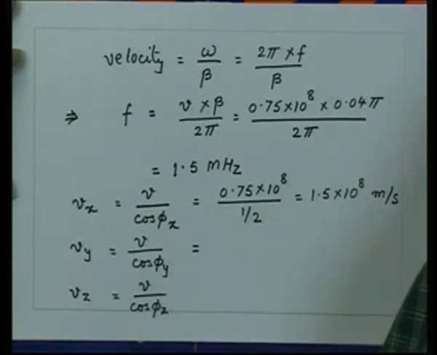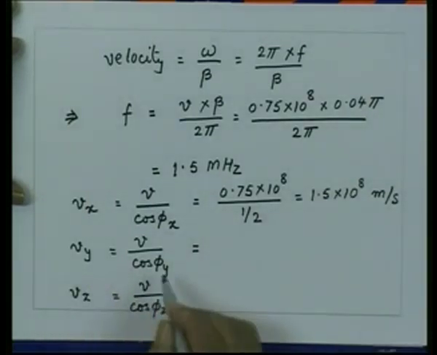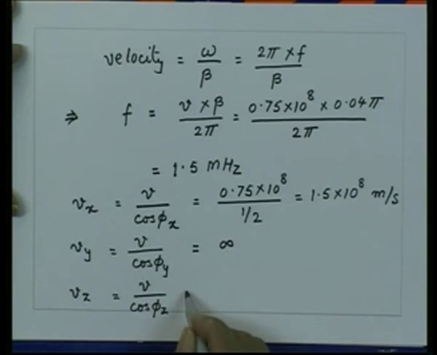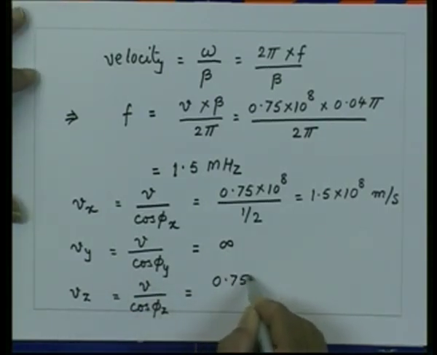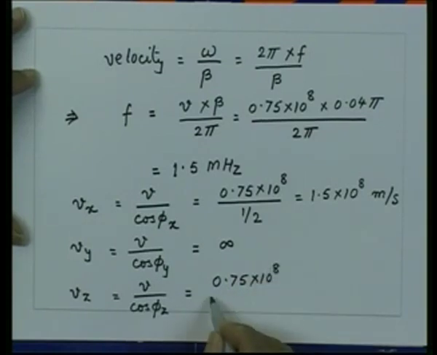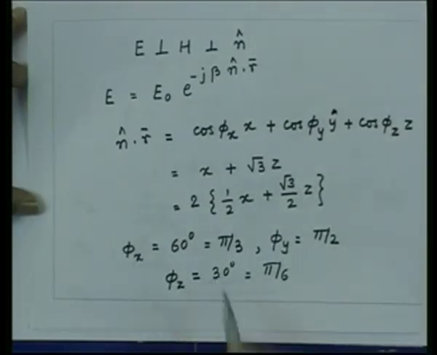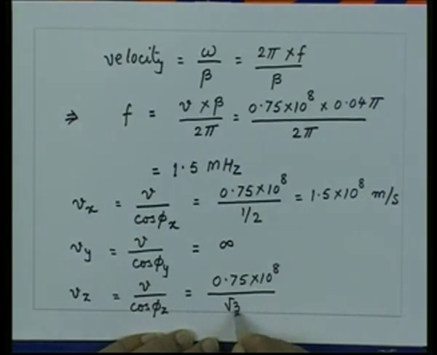The phi y is 90 degrees, so cos of phi y is 0. So, the phase velocity along y direction is infinity, and the phase velocity along z direction will be 0.75 into 10 to the power 8 divided by cos of phi z, which is cos of 30 degrees, which is root 3 by 2. So, this will be divided by root 3 by 2.